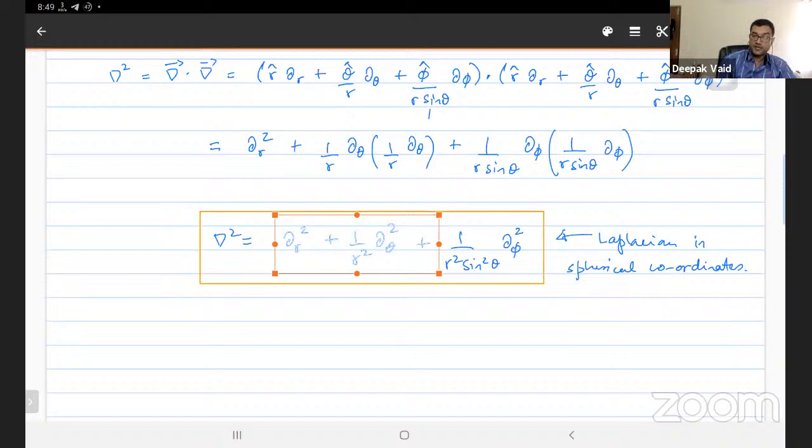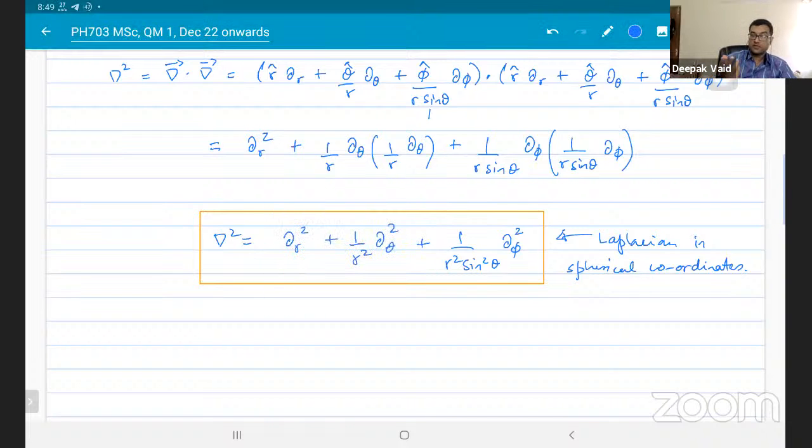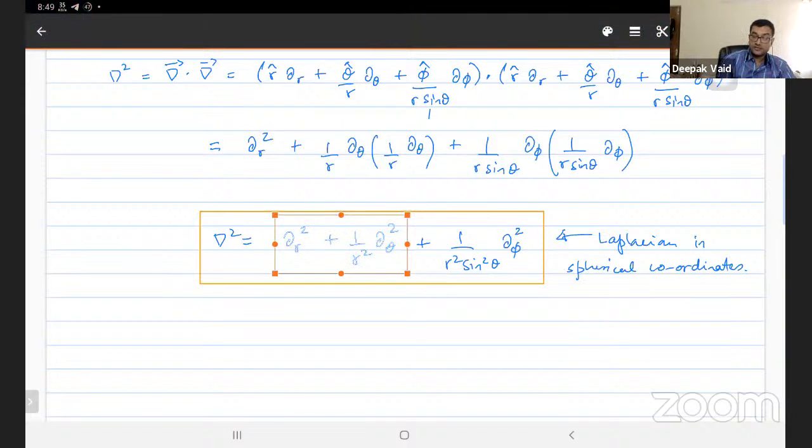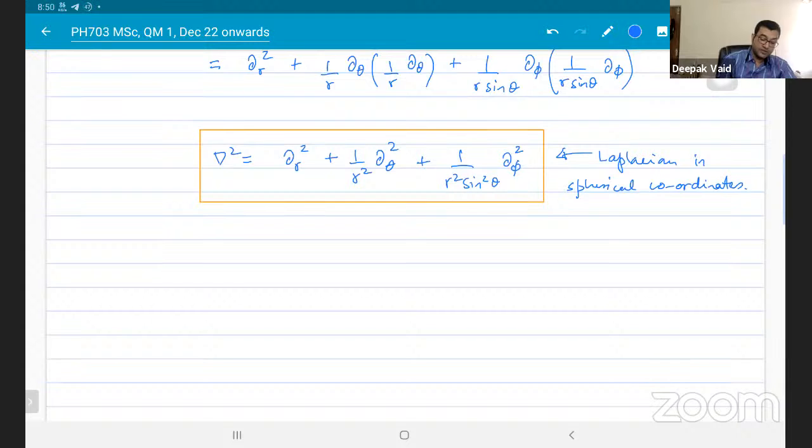And what if you are in cylindrical coordinates? Cylindrical coordinates are polar coordinates combined with the z-axis. So what is your Laplacian there? It is this for the polar part, the r theta part, and this will just become dou z squared, because then z will just be an ordinary Cartesian coordinate. So this is your Laplacian.